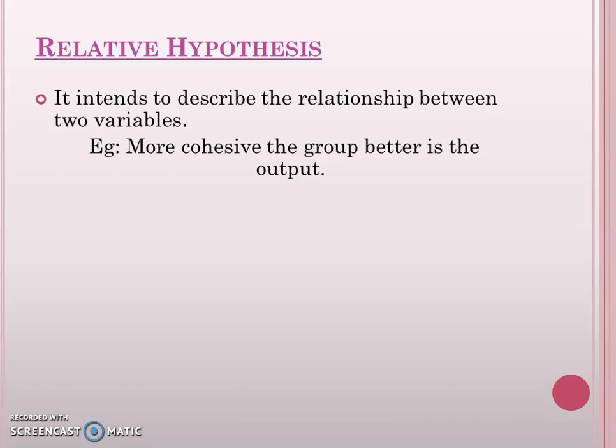Here we are trying to find out whether there is any relationship between these two variables. If a relation exists, the management can make the group more cohesive and thereby improve the performance. This kind of hypothesis is used for such purposes.